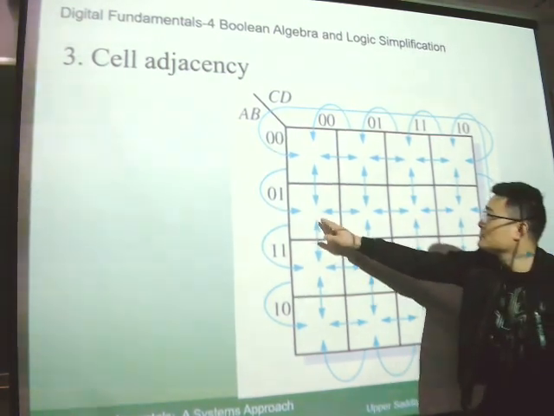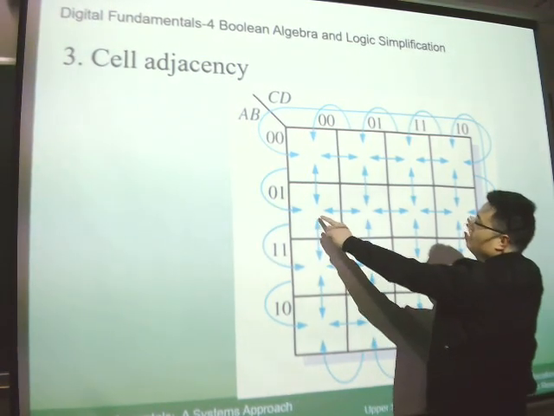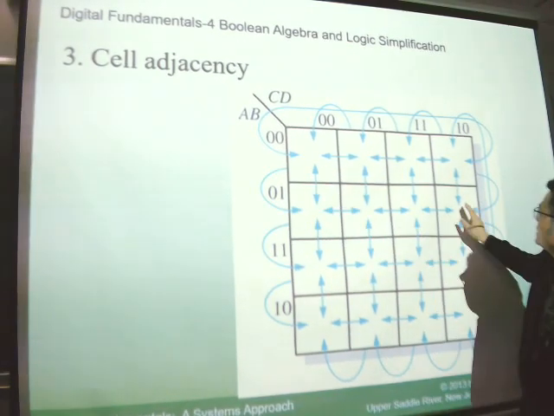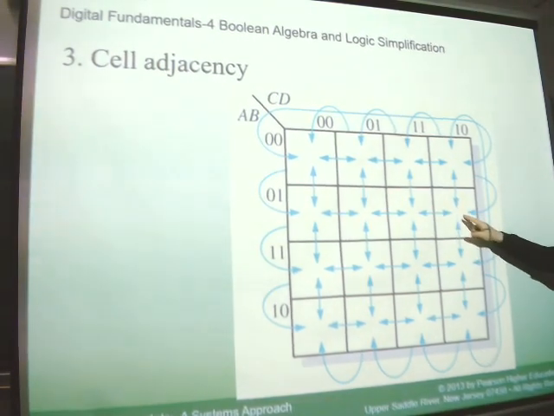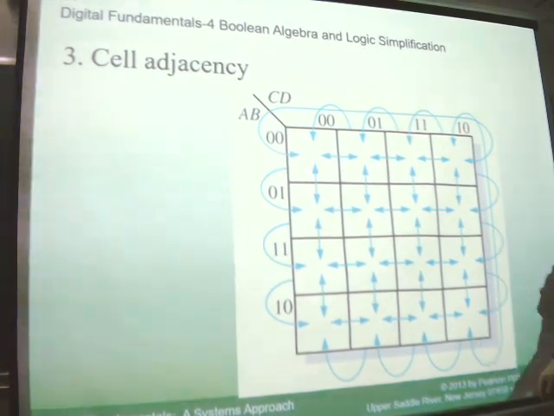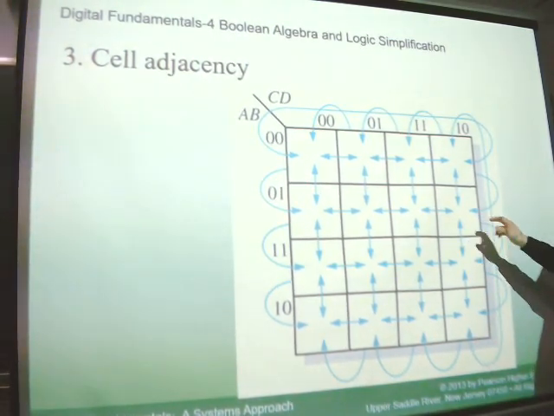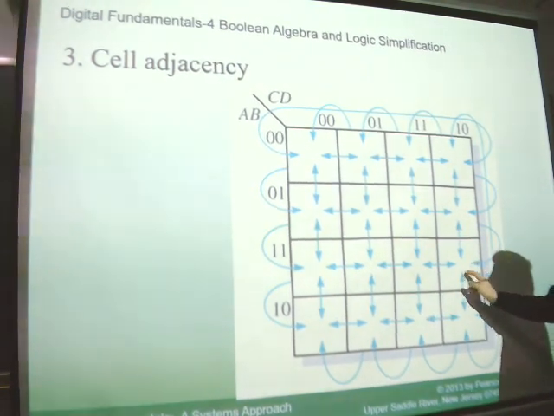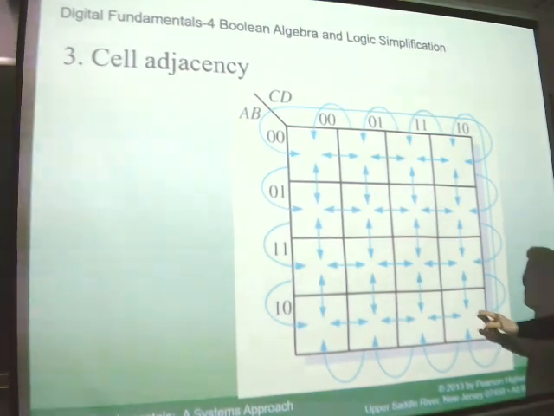And these two cells, 0, 1, 0, 0 and 0, 1, 1, 0. Only one bit is different. Also, these two cells are adjacent.